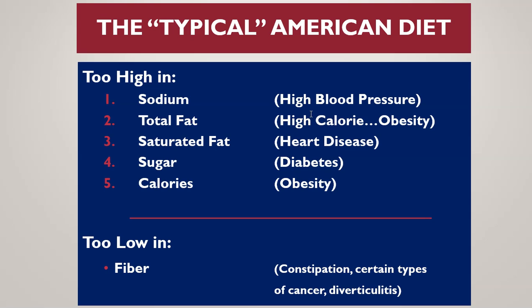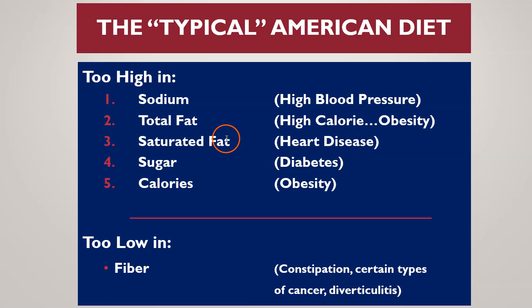Okay. And on down, what you're seeing is the connection to a diet that's consistently too high in total fat. It's going to end up being a high calorie diet if you're consuming a lot of total fat, and consuming a high number of calories can increase risk of obesity or overweightedness.